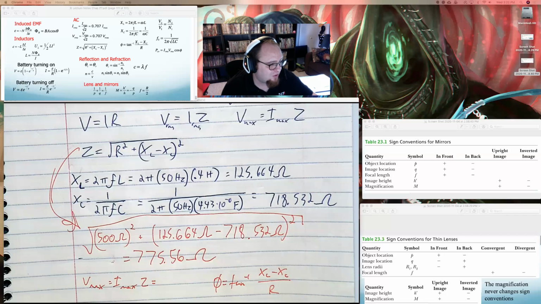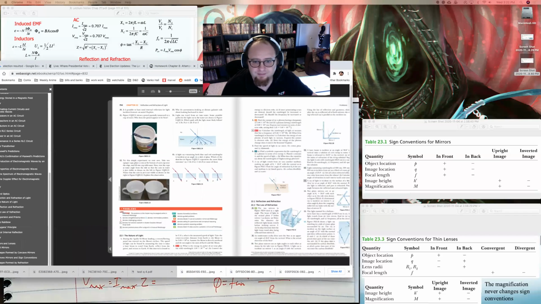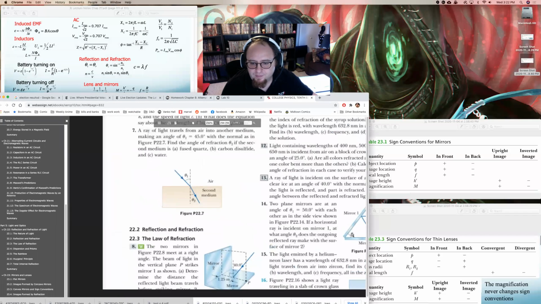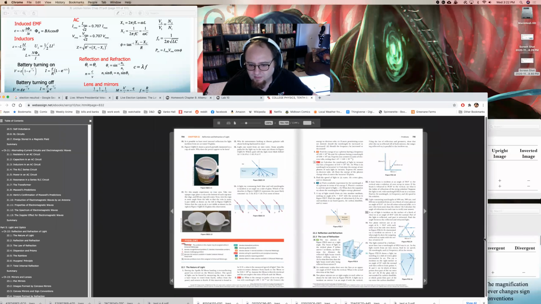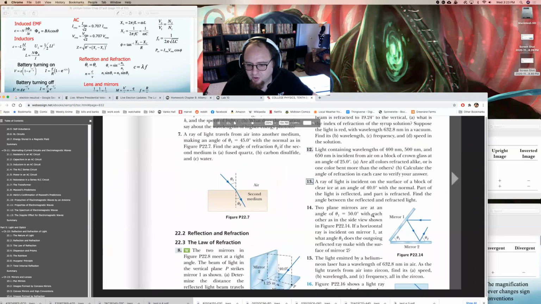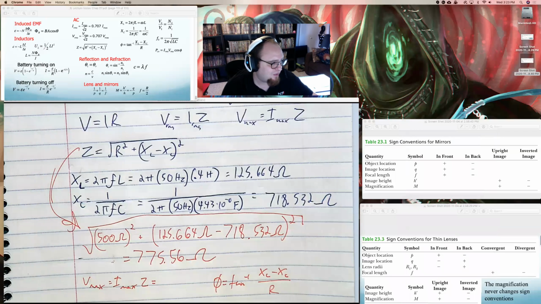Just figure out what angles are what, right? Like, we had this problem on the homework, these two plane mirrors, and it was just reflection, but what made it tricky was figuring out what angle was which and how they related to each other.